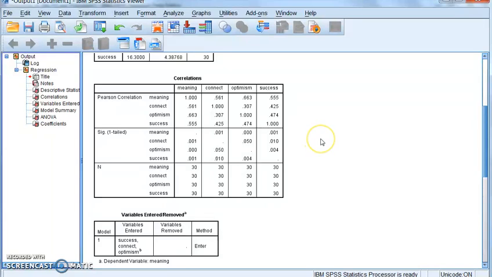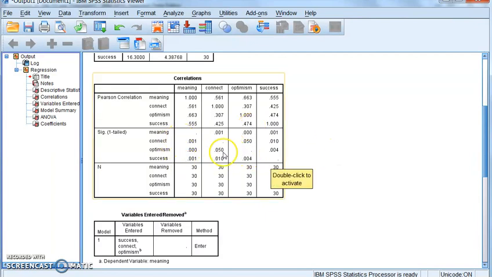We can also see the correlations between the three independent variables in this triangle right here. So between connectedness and optimism is 0.307. The Pearson-R between connectedness and success is 0.425. And finally, between optimism and success is 0.47.